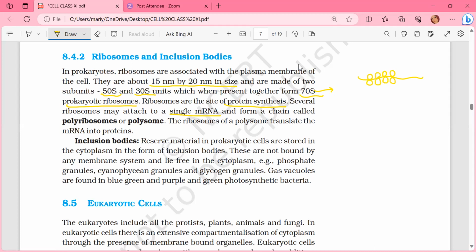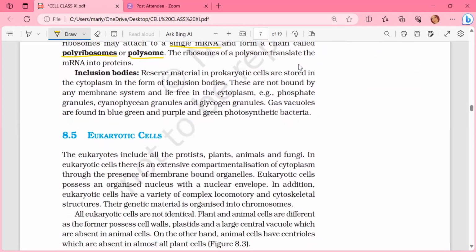This chain is known as polyribosomes or polysome. The ribosomes of a polysome are responsible for the translation of mRNA into protein. What do the ribosomes do? They translate the mRNA into the proteins.